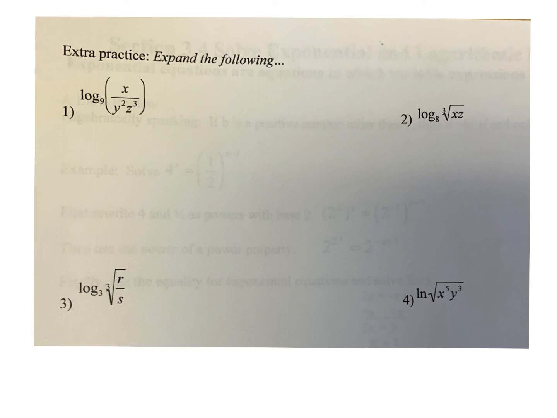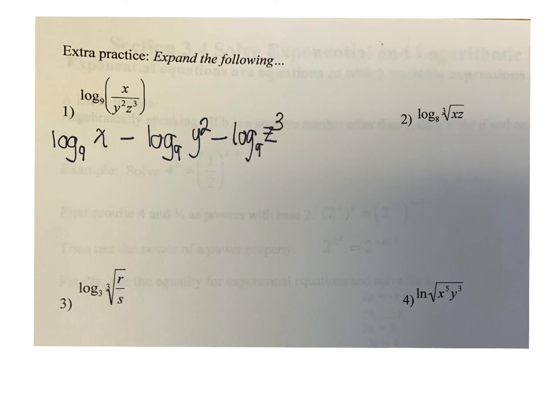Okay, now we're going to do some more expanding. So let's just be very careful with some of these, with the signs. So number 1, log base 9 of x. The y squared and the z squared came from the bottom, so they're both going to be subtracting, minus log base 9 of y squared minus log base 9 of z to the 3rd.